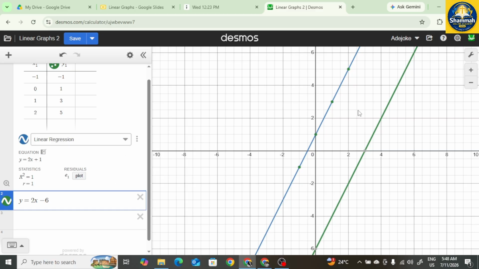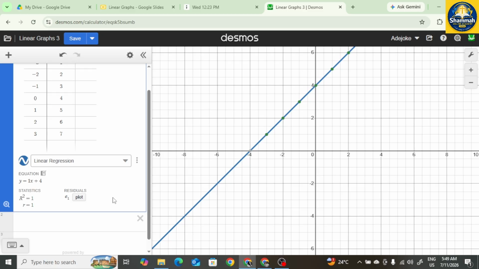Okay, so see our initial graph and then look at the parallel line. Can you see that those lines do not meet? Okay, now let's also do the same for the third graph we plotted. Now the equation is y equals x plus 4. Now let's make up a parallel line for this equation.